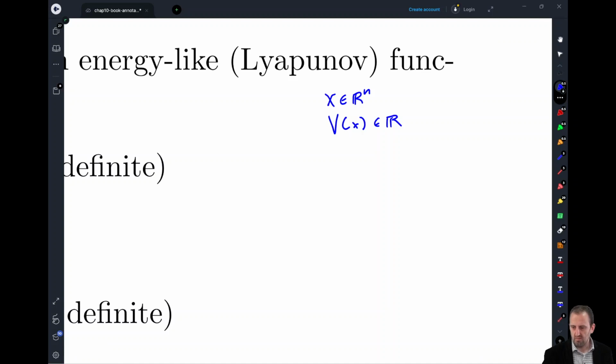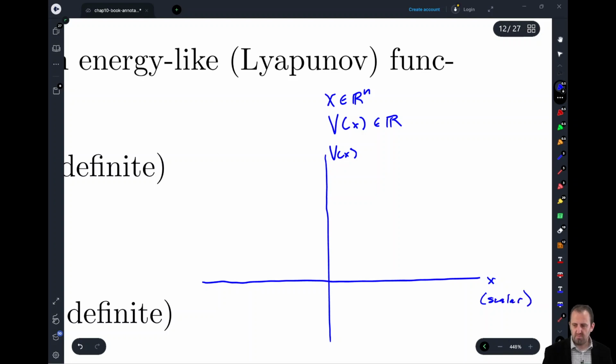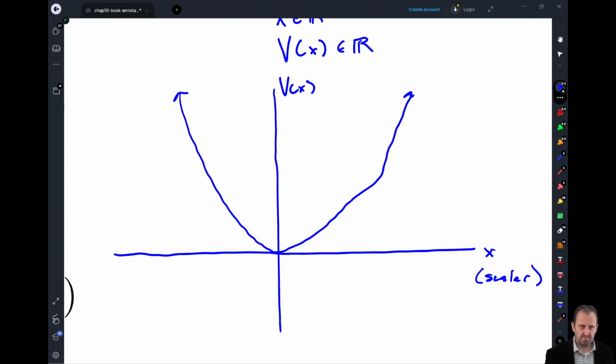I'm going to draw this line. We're going to define this energy-like function. So I'm going to say that x is on the x-axis and then v of x. In this case, it looks like a scalar, but we're going to define a function that's energy-like, where we have v coming down, kind of like a quadratic. Oh, I did almost good, and then my hand slipped. All right, so we have our v function right here.